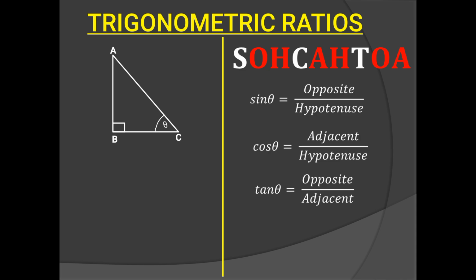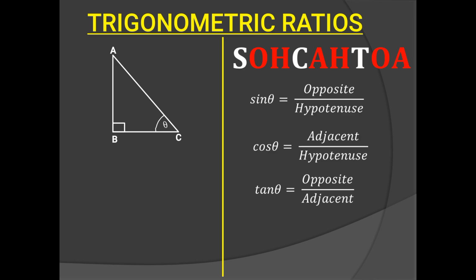So this side here, BC, becomes our adjacent, the A. Then AB here is our opposite. Like I've said, this is always our hypotenuse. The AC here is our hypotenuse.